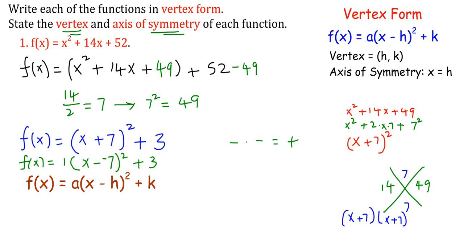Now everything is satisfied, the vertex form of the quadratic function. Now this a is equal to 1, x and x are there, minus and minus, and this h is equal to negative 7 and k is equal to 3.